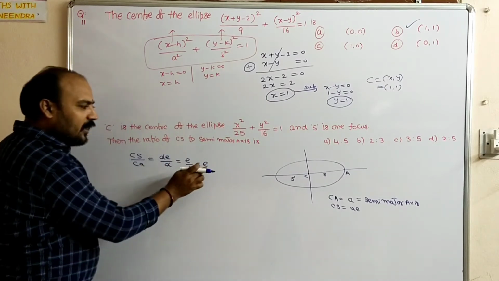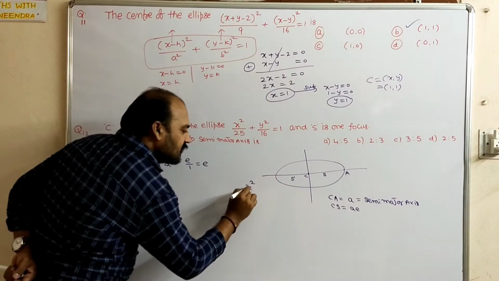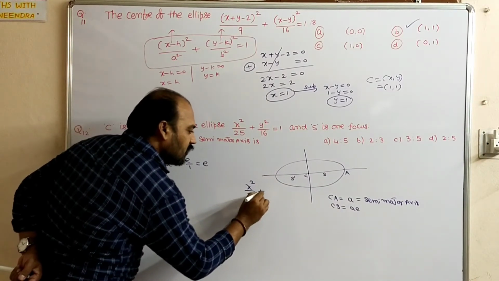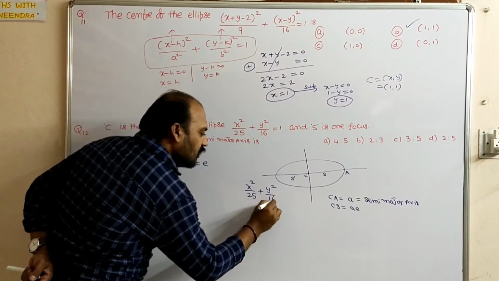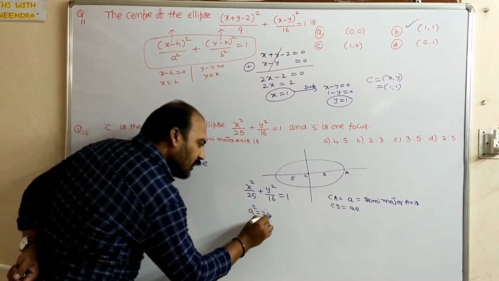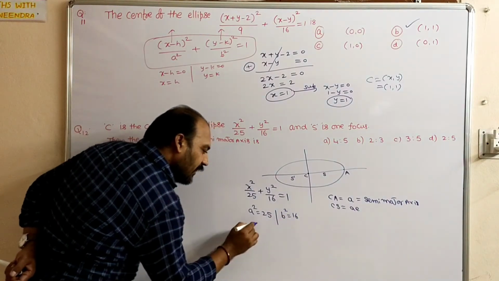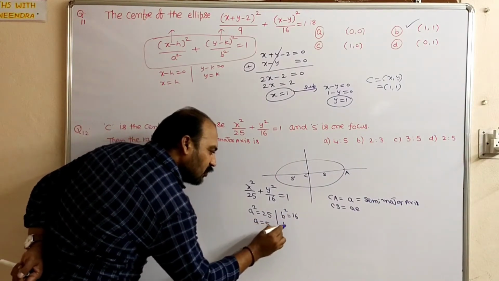If you want to calculate e for the given ellipse x^2/25 + y^2/16 = 1, so a^2 = 25 and b^2 = 16. a = 5 and b = 4.